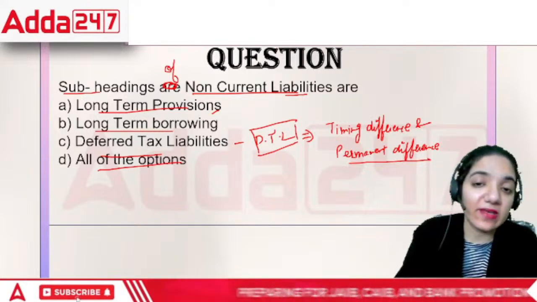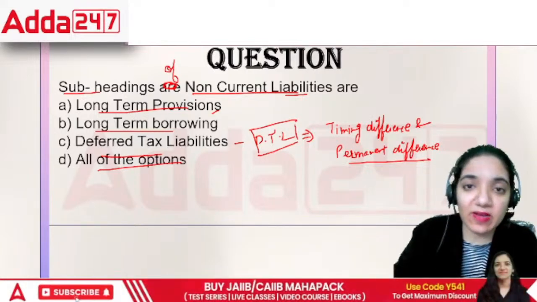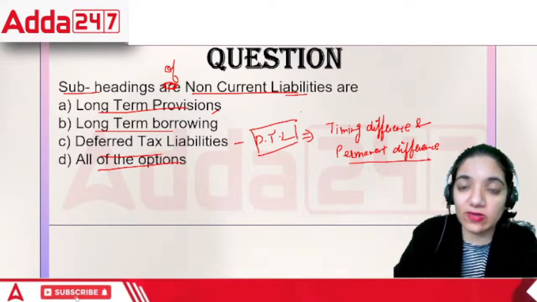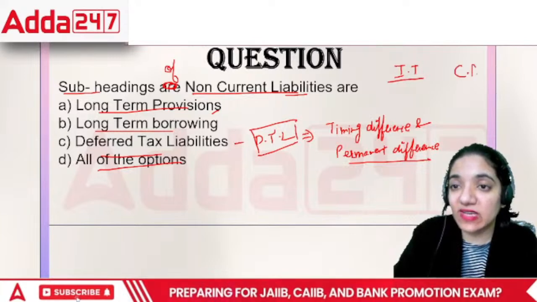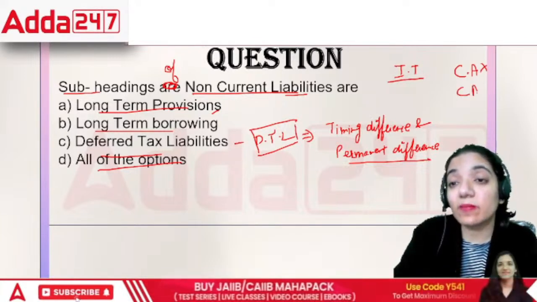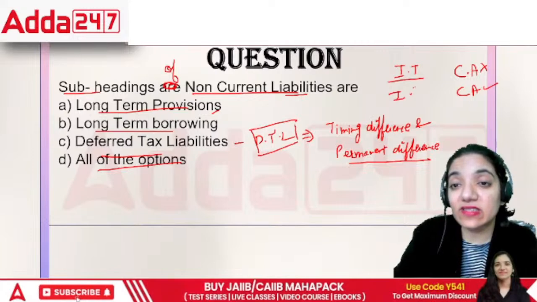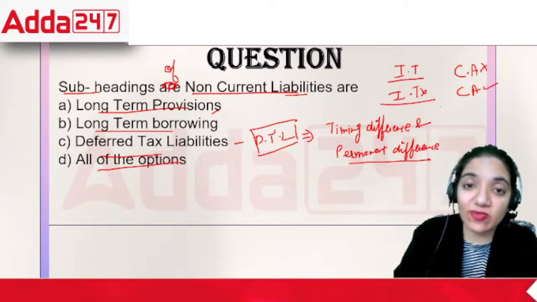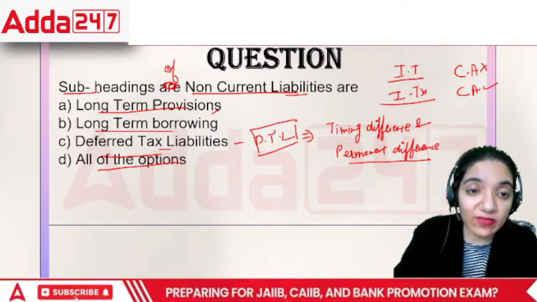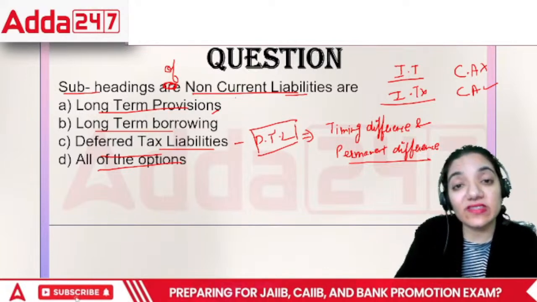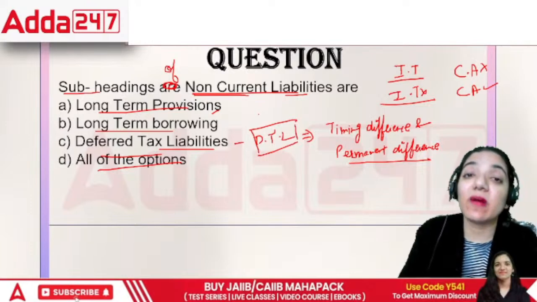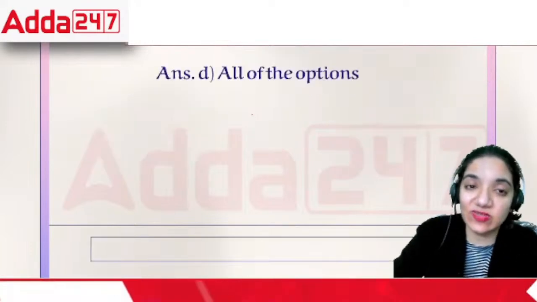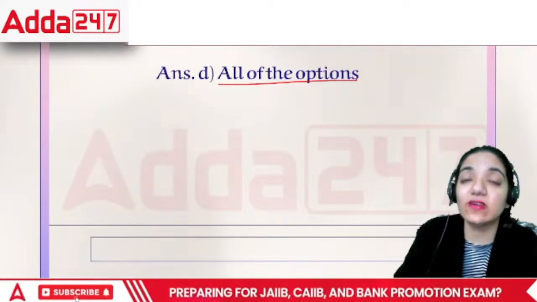When we have a timing difference, that means the income tax department says that you need to record it, while the Companies Act says don't record it. Or if the Companies Act says record it, income tax disagrees. When such a scenario occurs, that is where we have deferred tax assets or liabilities. If it's a liability, it would be shown in the non-current liability. If it's an asset, it will become a part of deferred tax assets. So in this case, the right answer is all of the options.